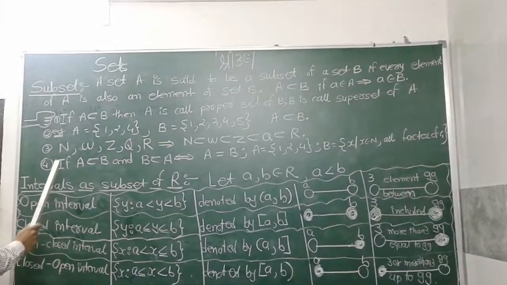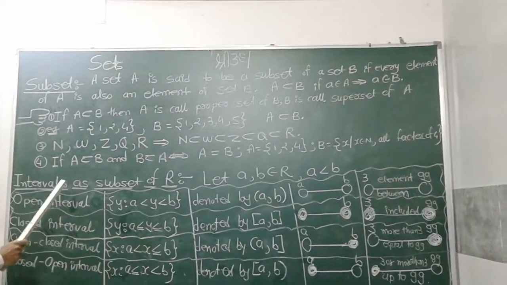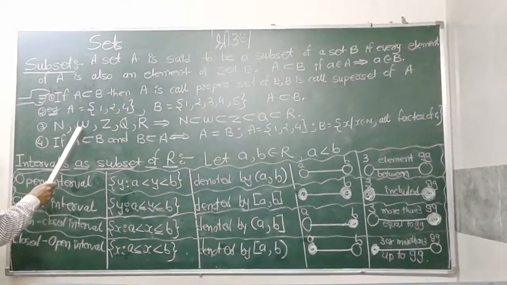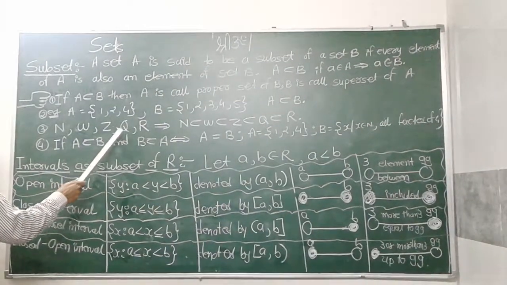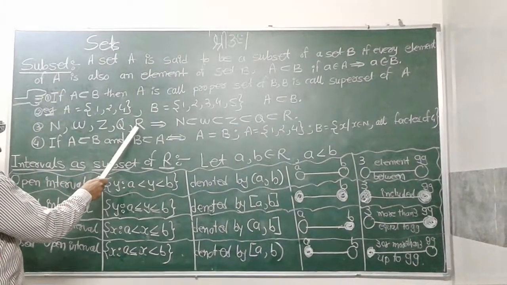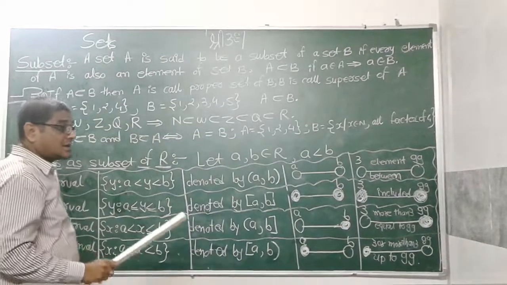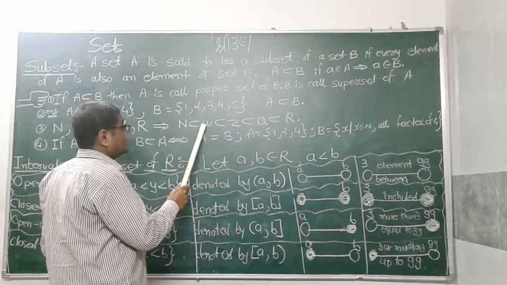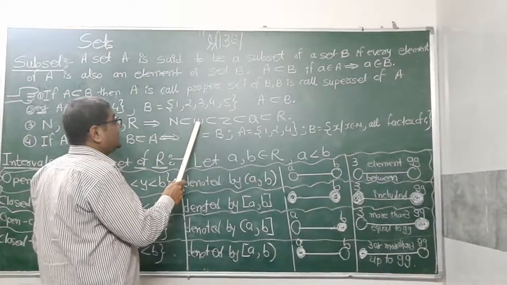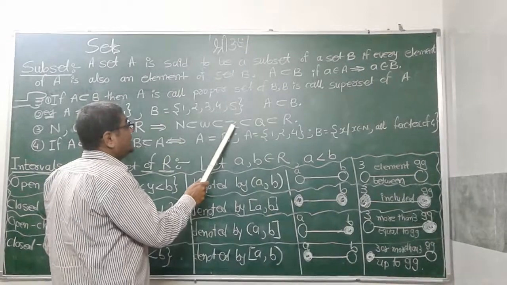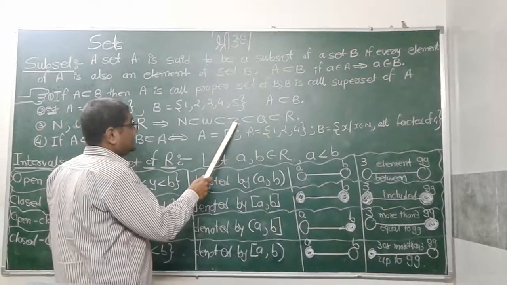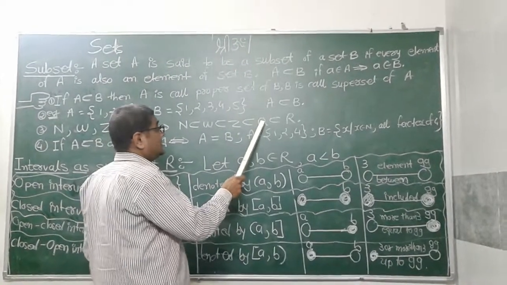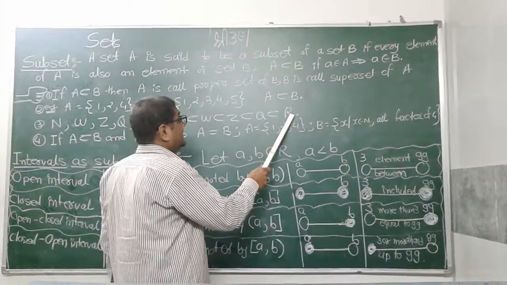We see this for the general or standard sets. N is the set of natural numbers, W whole numbers, Z integers, Q rational numbers and R real numbers. In lower standards we studied that every element of N is also an element of set W. Whole numbers are also in the integers, all integers are also in the rational numbers, and every rational number is also in the real numbers.